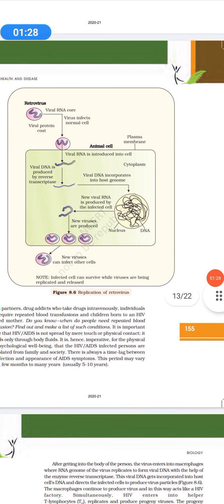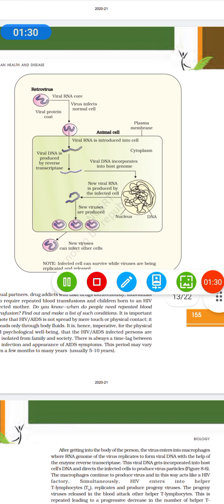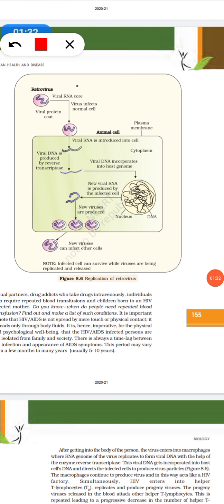You see here there is a viral RNA. This viral RNA, which is a retrovirus, contains a viral coat protein, and the RNA is the genetic material. When it infects the animal cell, it will release the RNA, and viral DNA is produced from the viral RNA by reverse transcriptase, which is the enzyme.